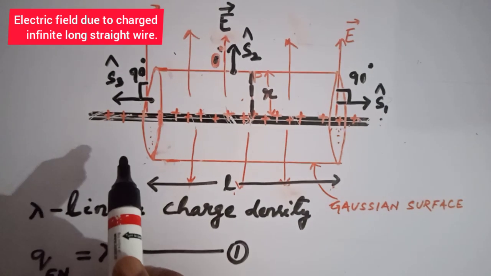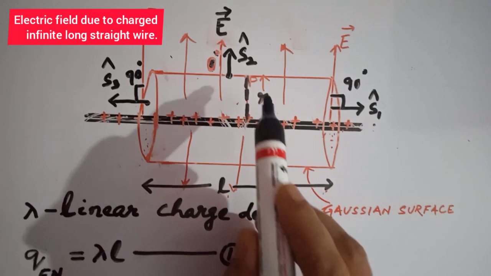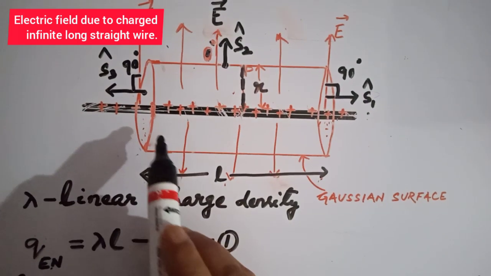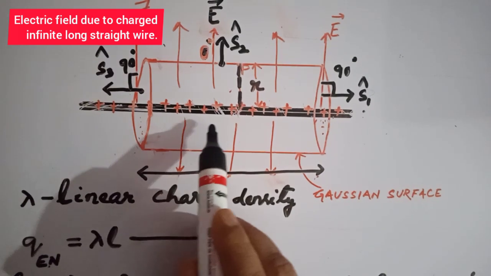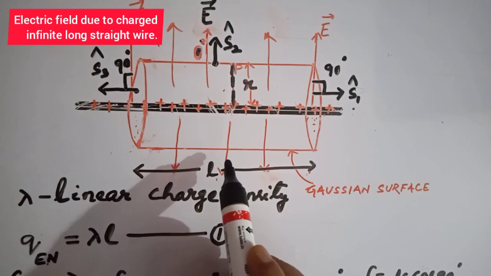Due to a positively charged infinitely long wire, the electric field direction is outwards. If the charge becomes negative, then the electric field direction will be inwards.